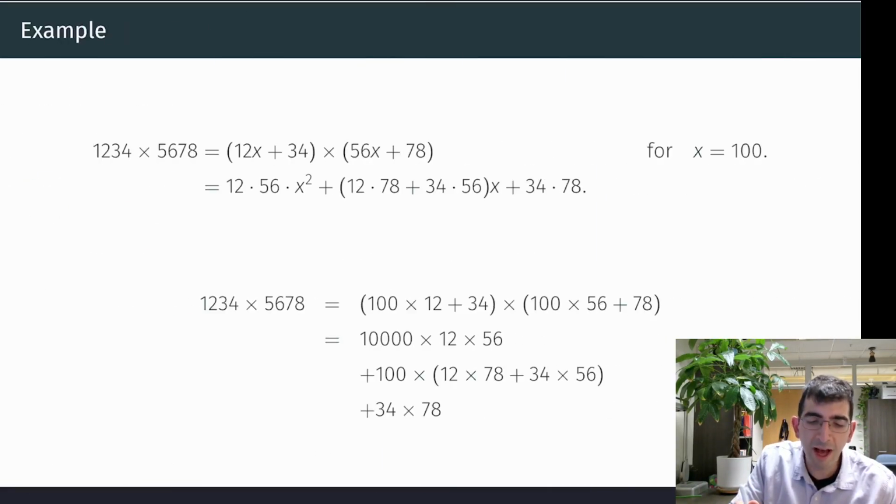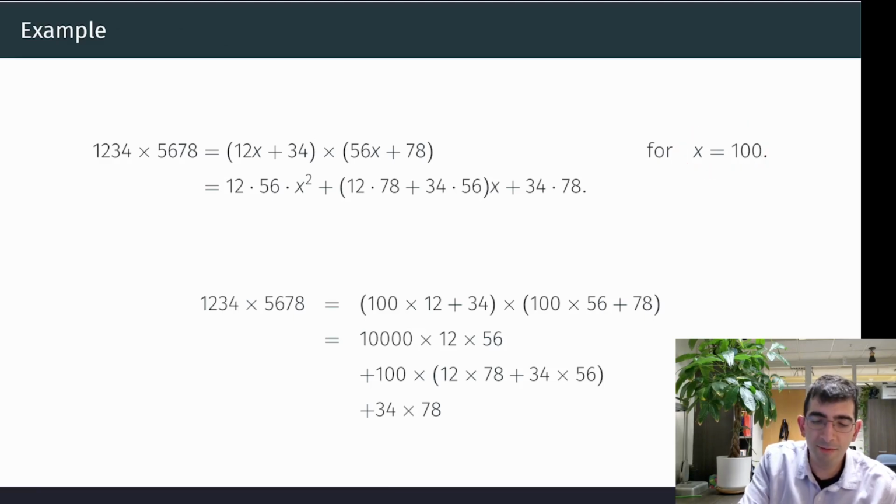So let's look at how this algorithm would work. We have two numbers, 1234 times 5678. And we want to divide and conquer. So we break these 4-digit numbers up into two-digit numbers. So 1234 is equal to 12 times x plus 34, where x is 100.